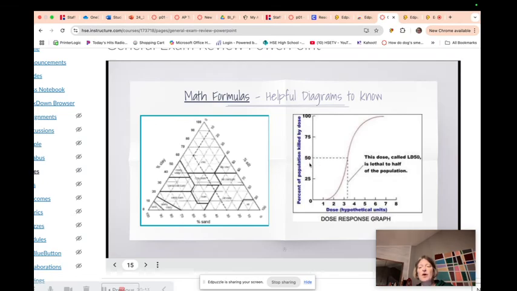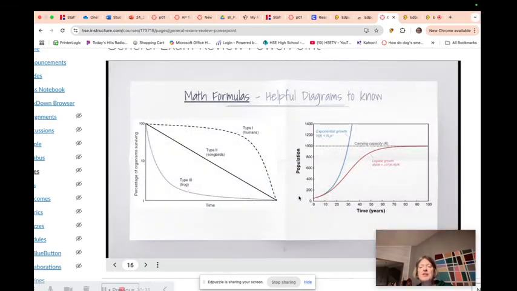If it's a number on the y-axis and they're telling you what the total population size is, go to 50% of the population, draw your line, and then go down and you find the LD50 point or dose, okay? So make sure you understand that.